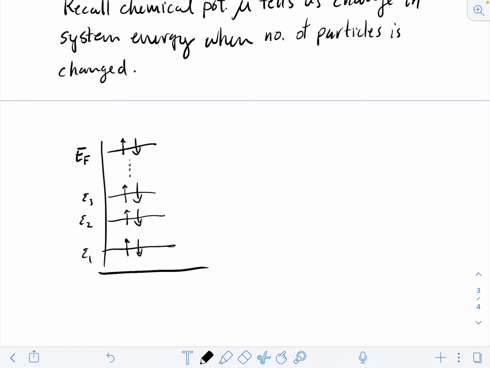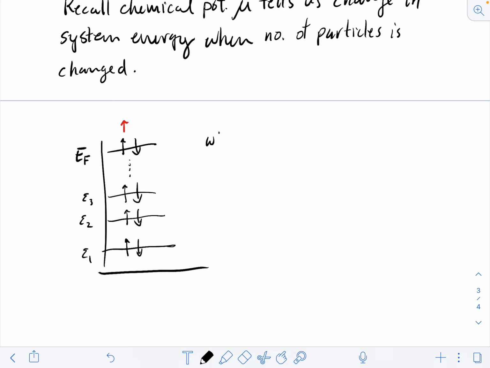And then you could ask the question, well, if I add one more particle, how much does my system energy change? Well, it changes by the Fermi energy, because that additional particle is going to go into the level that's just above the Fermi energy or just right around it.